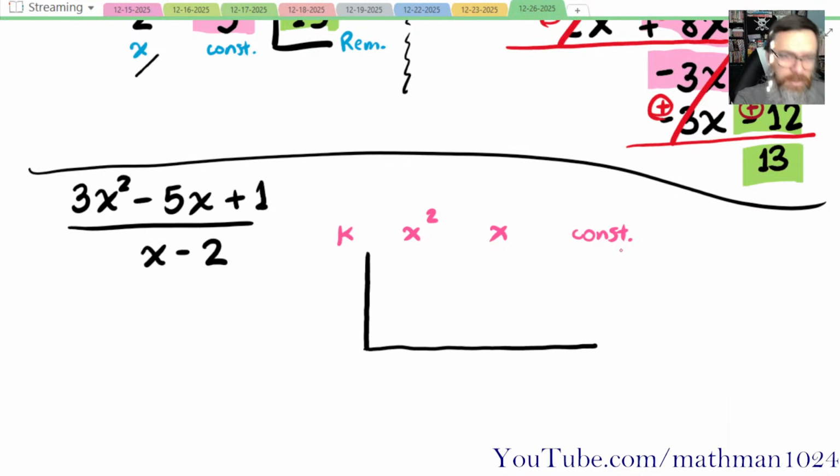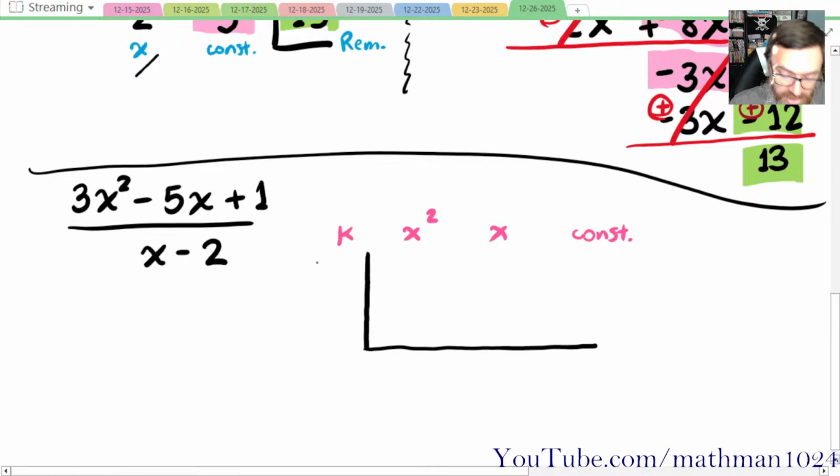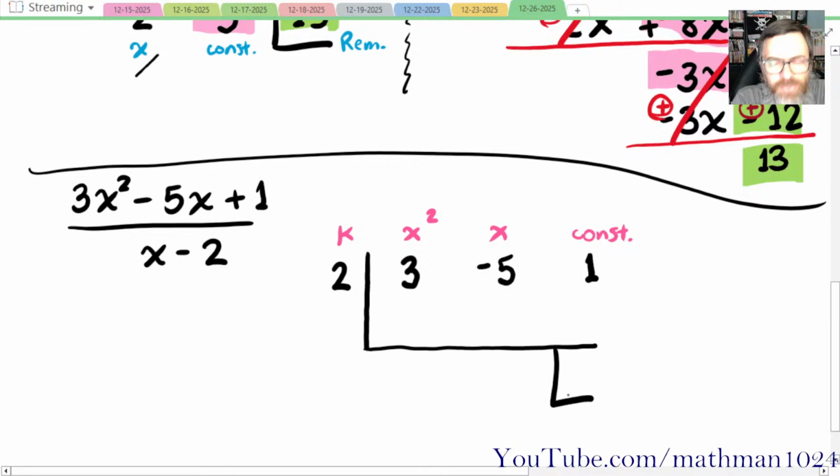You cannot skip things. Now, what I'm dividing by here is x minus 2. So the k value that I use is the opposite of that, which is a positive 2. And then for these coefficients, I just copy them down exactly as I see them. 3x squared minus 5x plus 1. And then there's going to be the box there for my remainder.